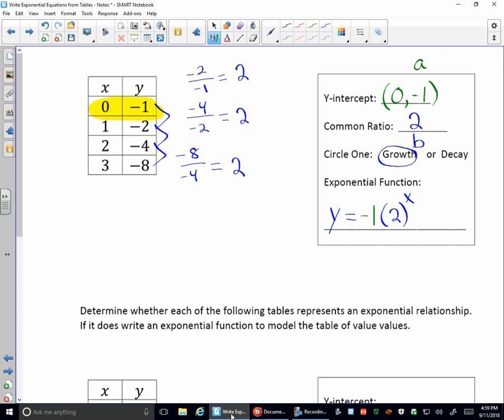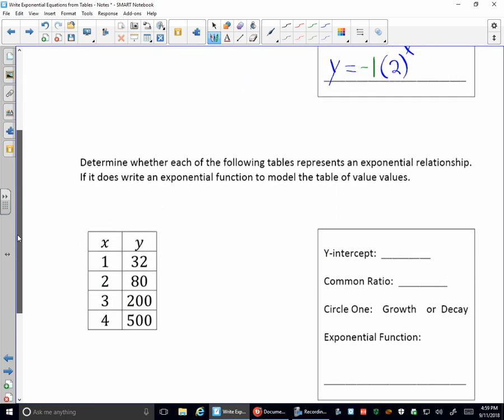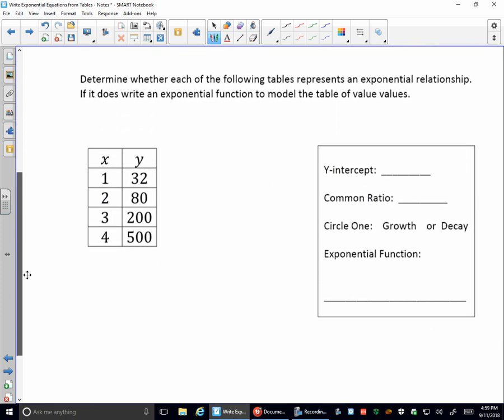Okay, so now let's talk about having to determine if it's exponential, finding that y-intercept, and writing that equation to model that table. Right now, we don't know if this is exponential or not. If it's not exponential, we're ready to move on and ignore the table. But if it is, we need to find the y-intercept and write that function.